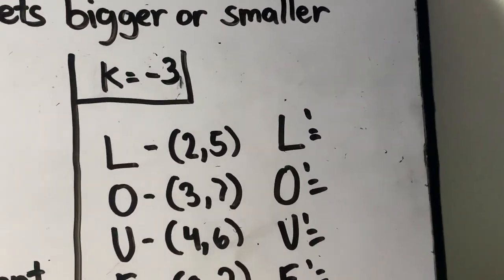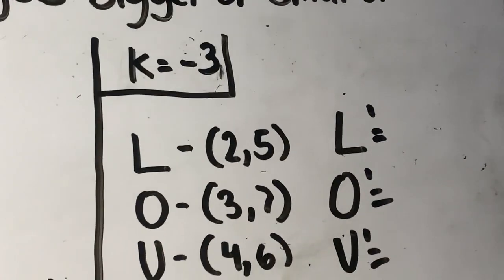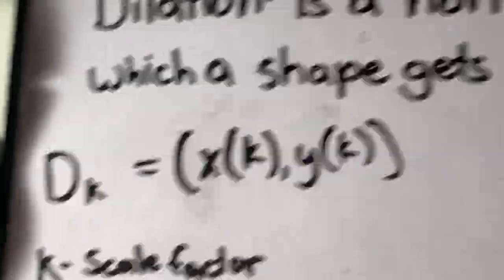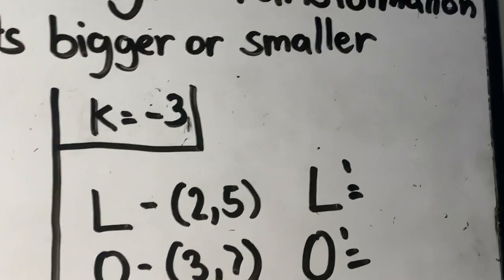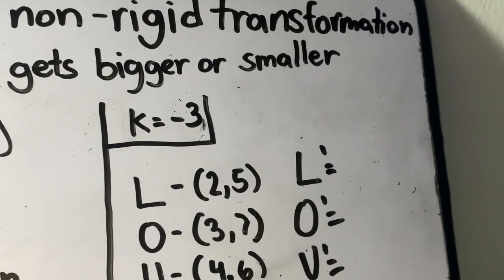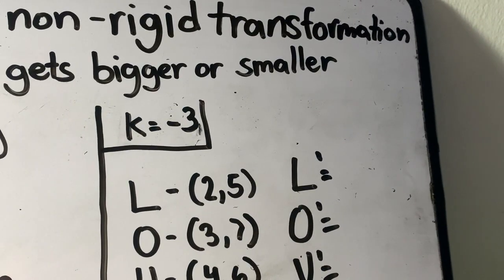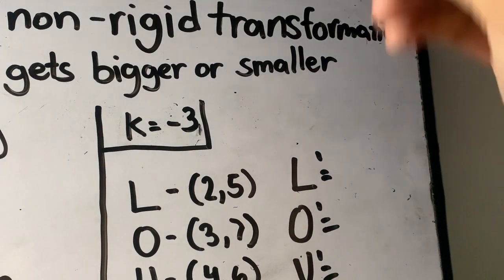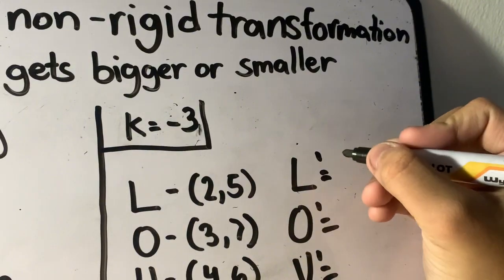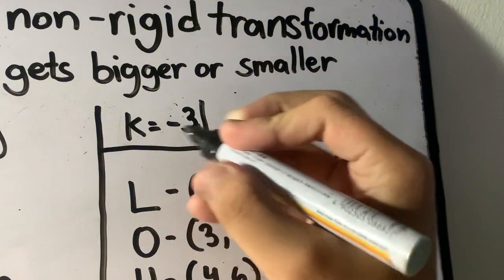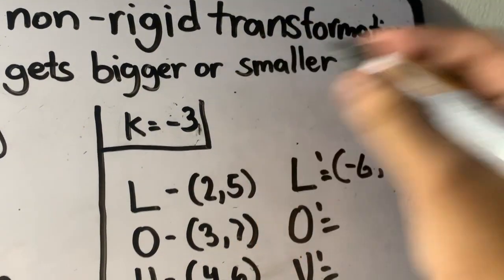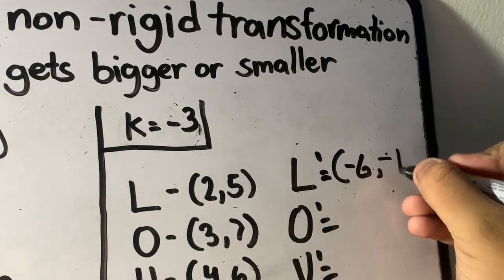So let's start with this one. We have K here as -3, and our rule is x times K and y times K. So we'll just multiply them. -3 times 2, or just 2 times -3, will be -6. And then 5 times -3 is -15.